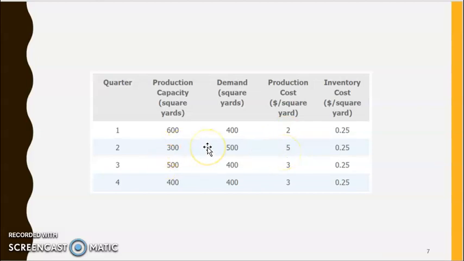But just manually I told you what will happen, because here we have a production capacity of 600 and demand is 400, so we can manufacture 200 more, and here the capacity is 300 and demand is 500, so we can use this extra 200 square yards of carpet for here.